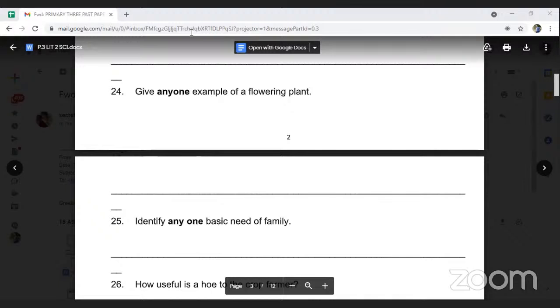And then you go to water. You must have water in a family. Then you must have shelter. You must have medical care in a family. You must have security in a family. So those are some of the things.